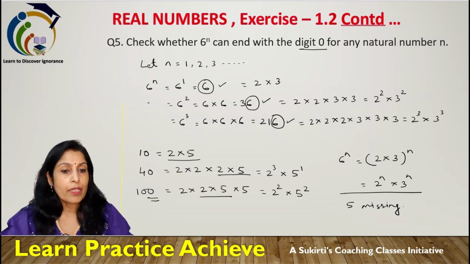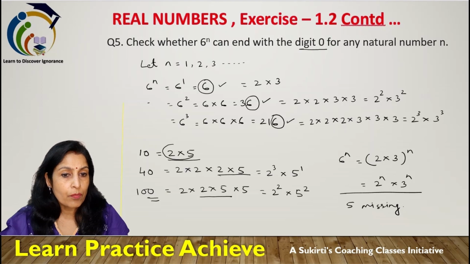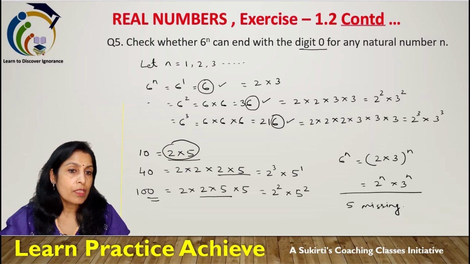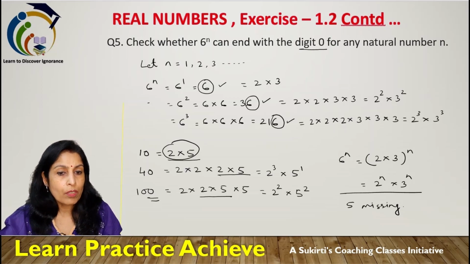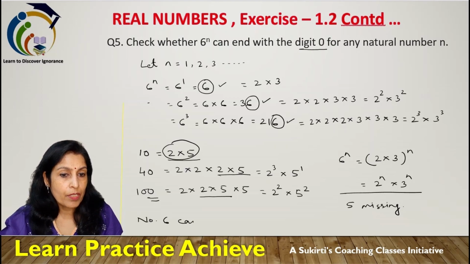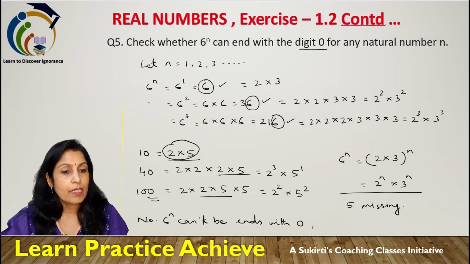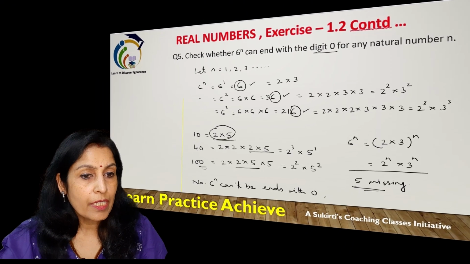It means in the factors there must be 2 and 5 to get a number which ends with 0. So can 6 to the power n end with the digit 0 for any natural number n? No. 6 to the power n can't end with 0 because it has 5 missing in its factors.